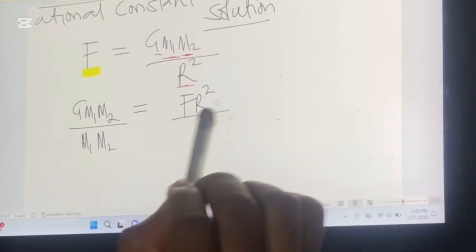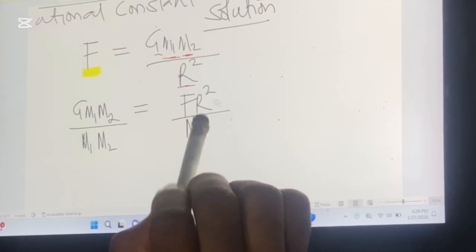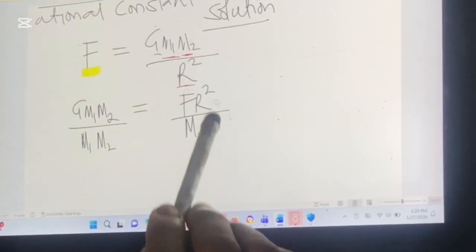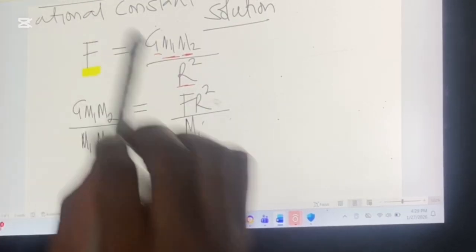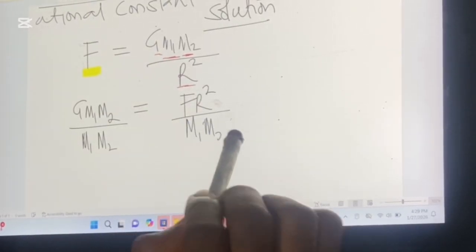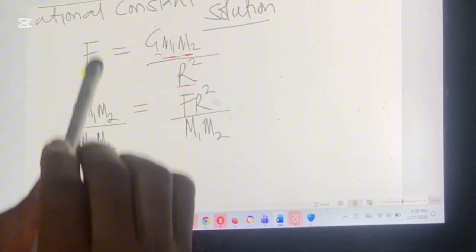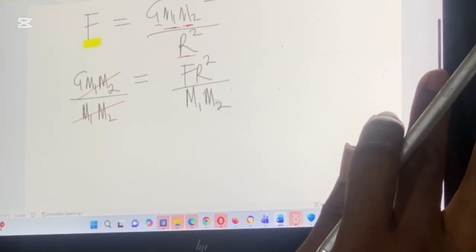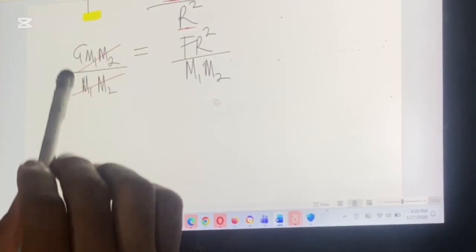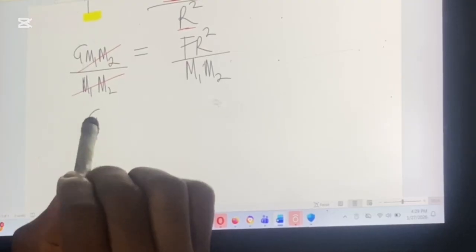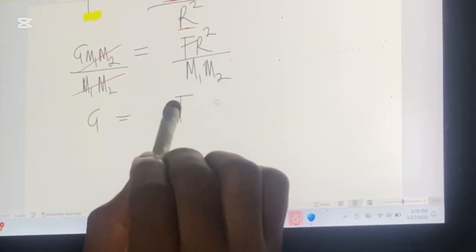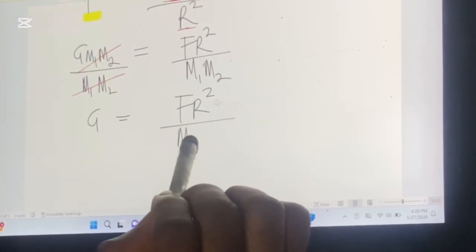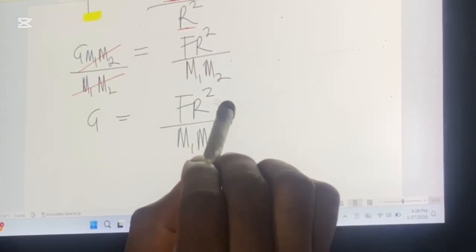So this will be over M1 M2, plus this divided by this. I'll be left with G is equal to F R squared over M1 M2.